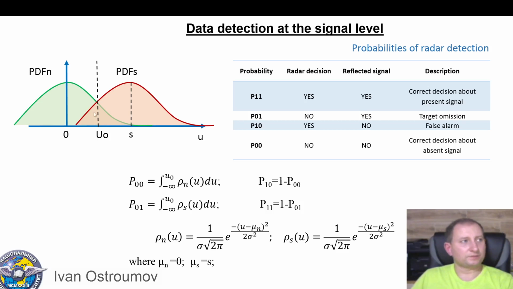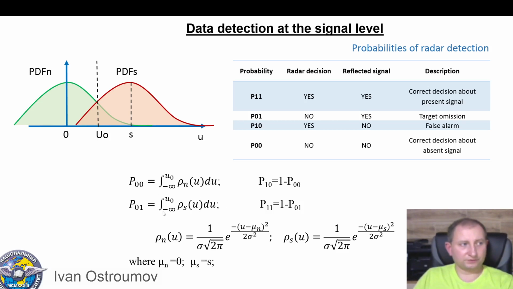That's why the probability of target omission, or risk of being omitted, is the area under the probability density function of present signal from minus infinity up to u0. It means below the red probability density function. And in this case, we can represent it in the form of an integral as well.